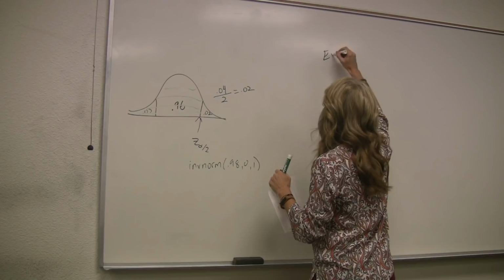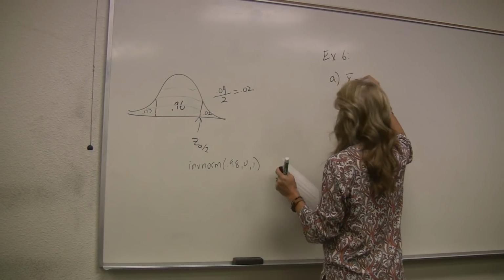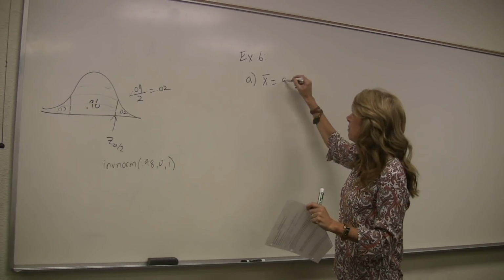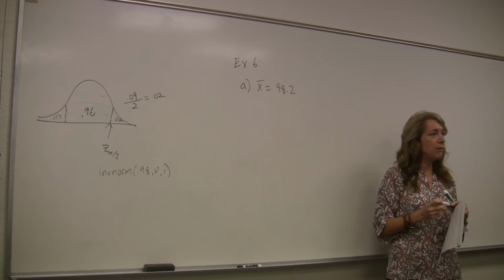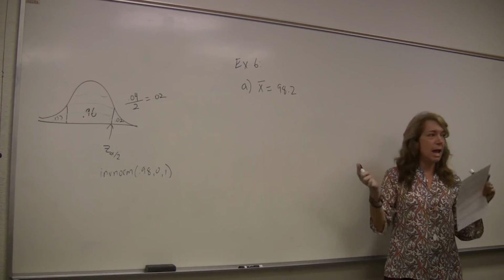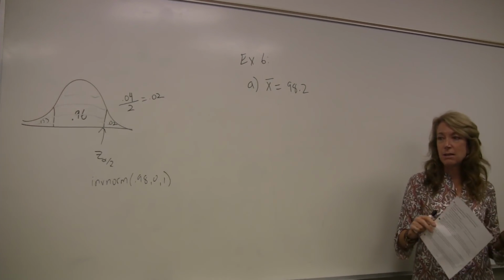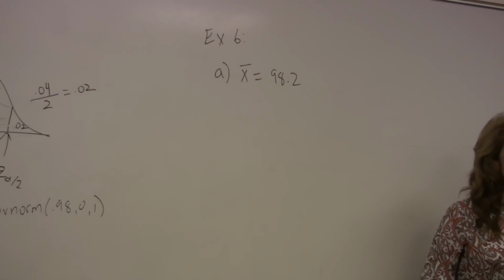We're estimating a mean. So X bar, which they gave us, what was X bar? 98.2. So we're saying that's our best guess for the population. Then we're going to add and subtract to get our confidence interval. But the point estimate is always either your p hat, your X bar, whatever it might be. In this case, it's the mean.